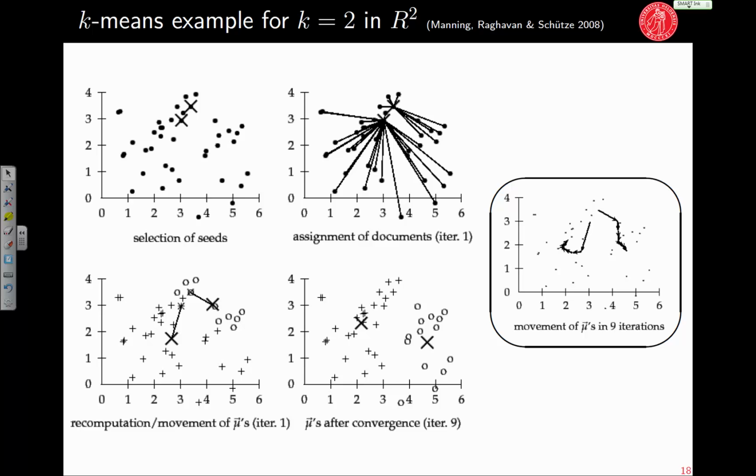Because you don't have any information. That's the problem. You don't have any clue what's in this data, what the structure is. You can try the brute force way, which is to try all partitionings, but that's not feasible. You can't do that.